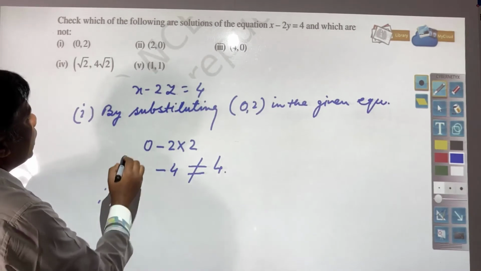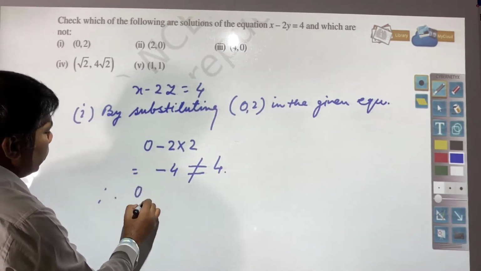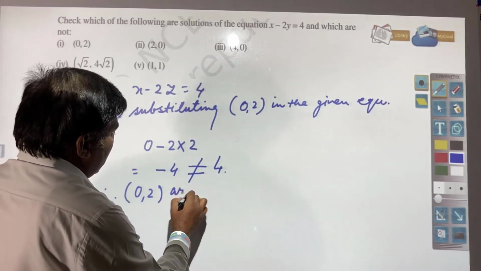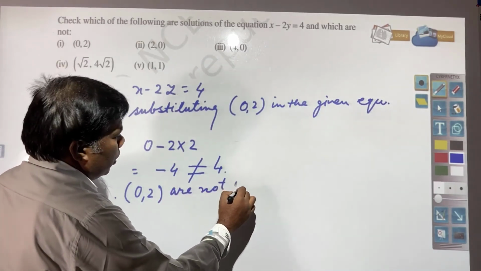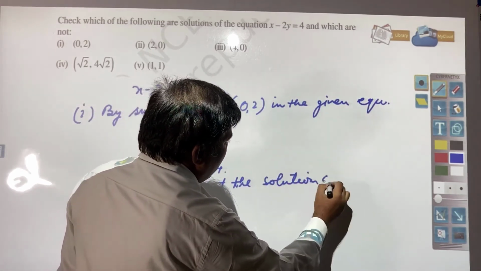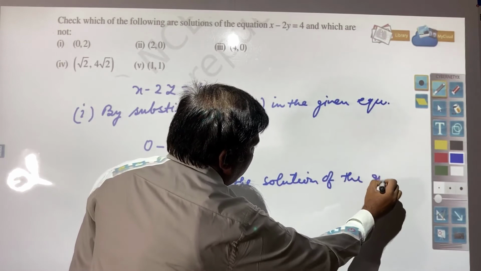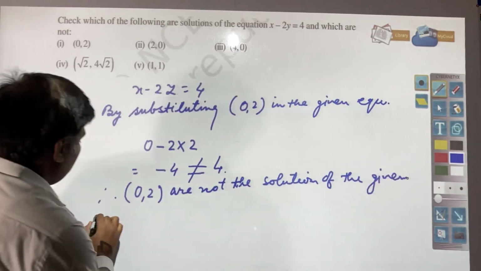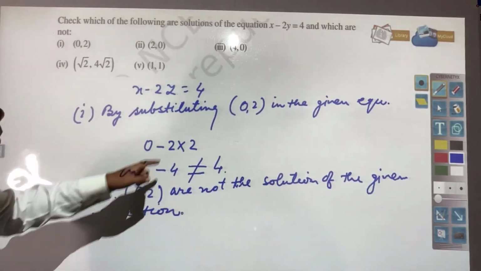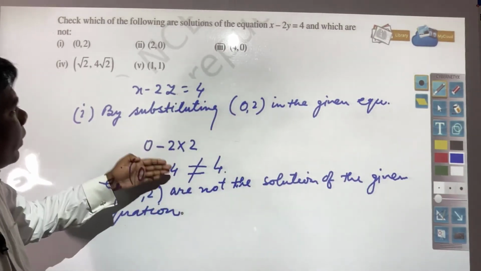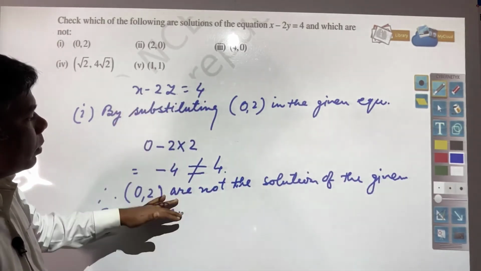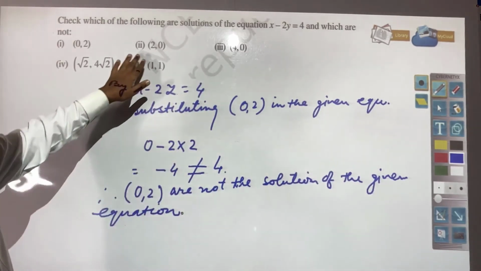Therefore 0 and 2 are not the solution of the given equation. Just you need to put the value of x and y. If it is coming to RHS, then that is the solution of the equation, otherwise not.